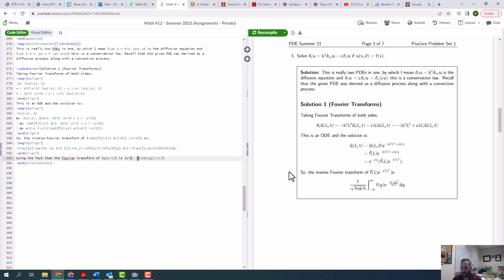I realize I've made a typo up here. Did I get this right? When I factored this out, there should have been a t, because there's a t here. I factored that out. There should have been a t there.